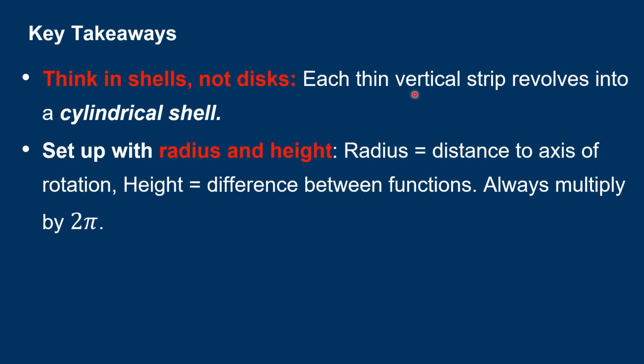Then we set up with radius and height. The radius is the distance to the axis of rotation, and the height is the difference between the functions. Don't forget the 2 pi. So the volume formula is 2 pi times the integral from a to b of x f of x dx.